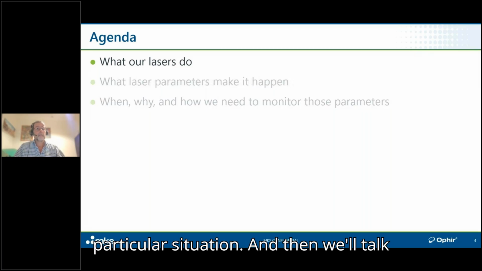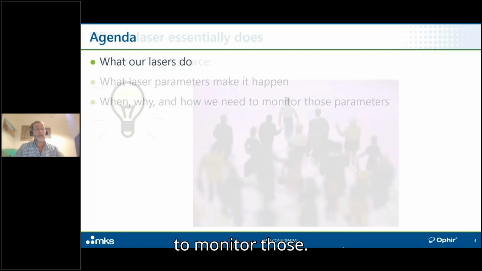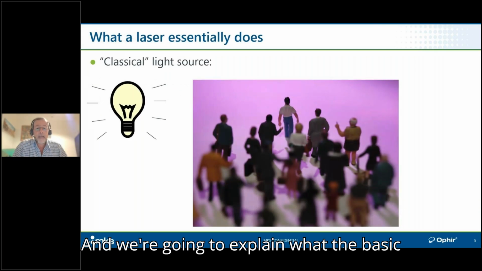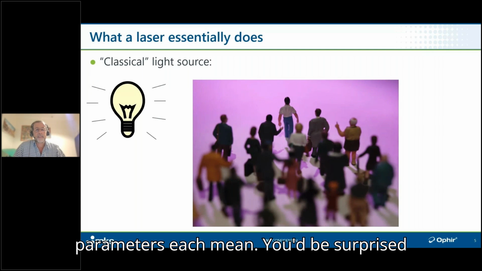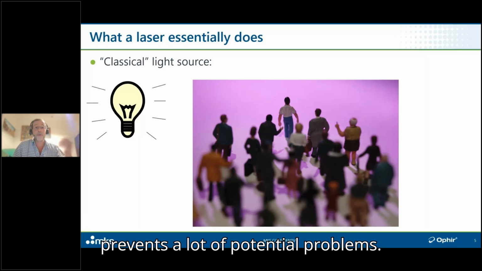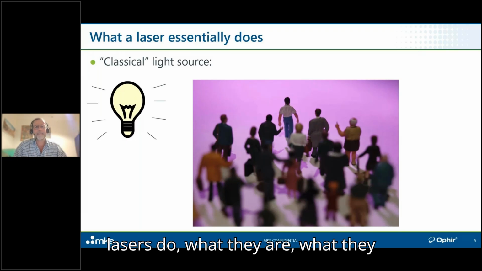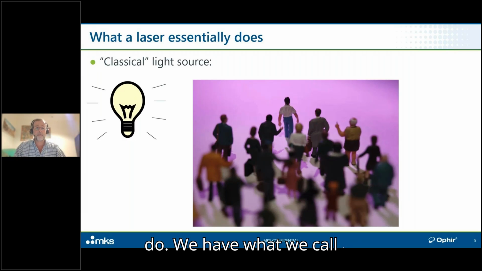So let's begin with what lasers are, what they do. We have what we call classical light sources. Think of an incandescent light bulb. Some of you hopefully might still remember what those are. Basically, a classical light source is giving off photons of light, but each photon is completely uninterested in each other photon.